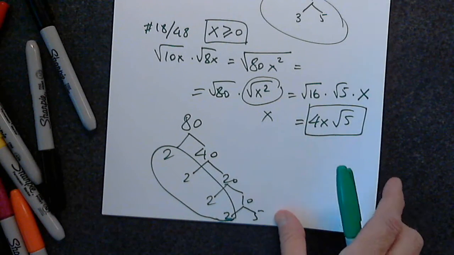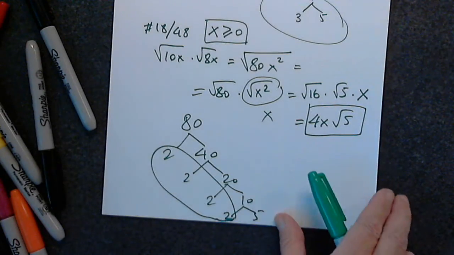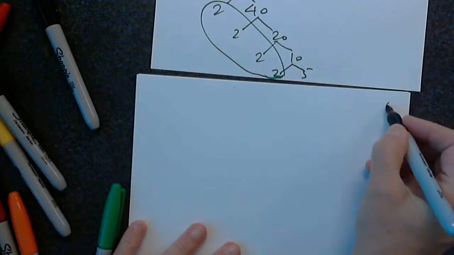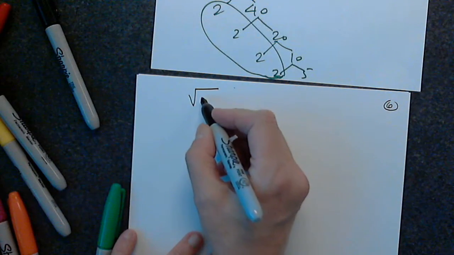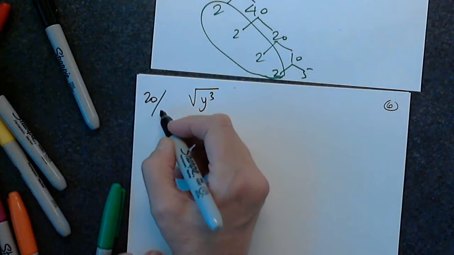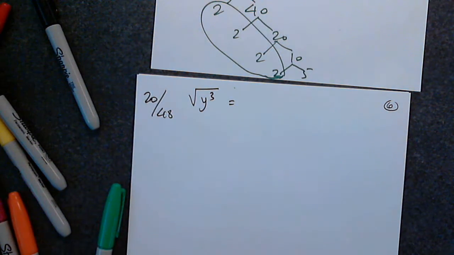How will you simplify the square root of y cubed? This is problem 20 on page 48. How will you simplify this?